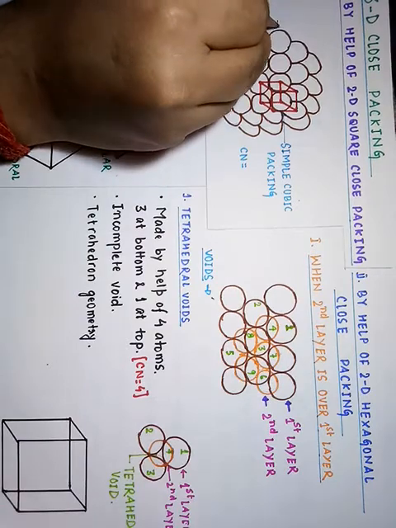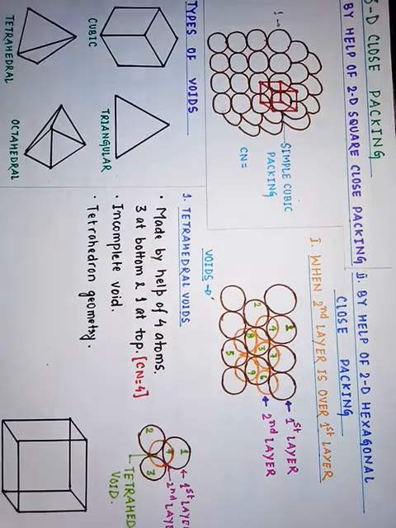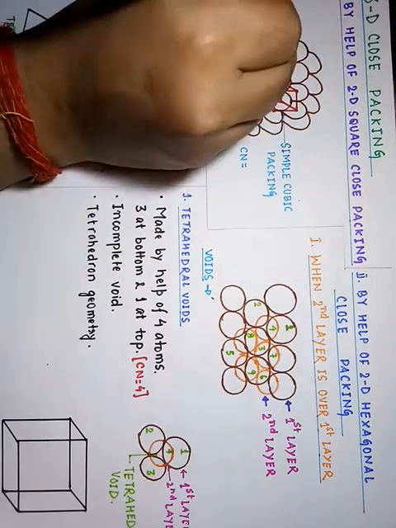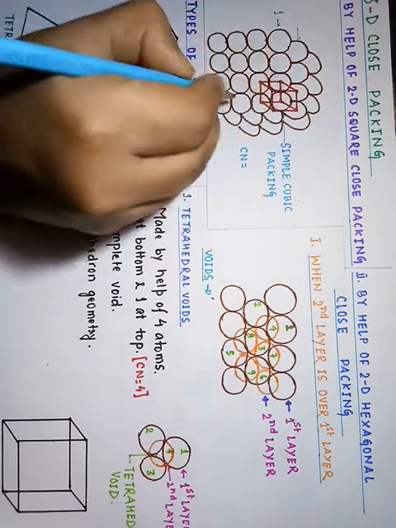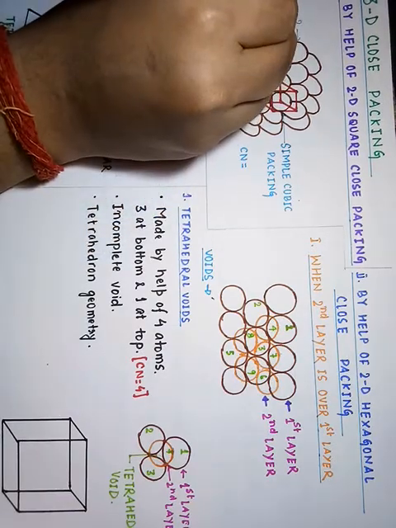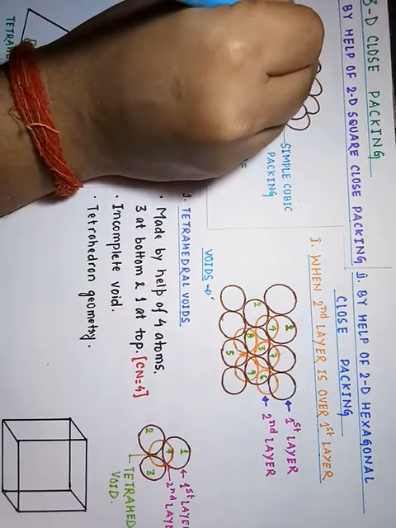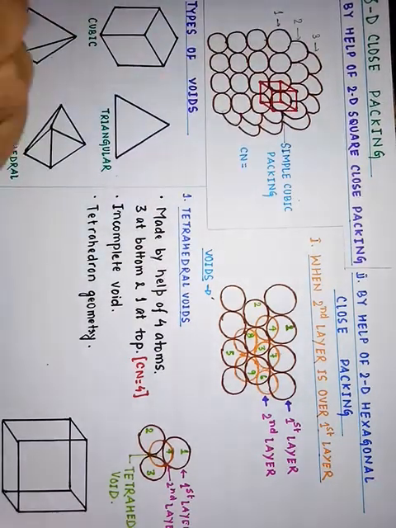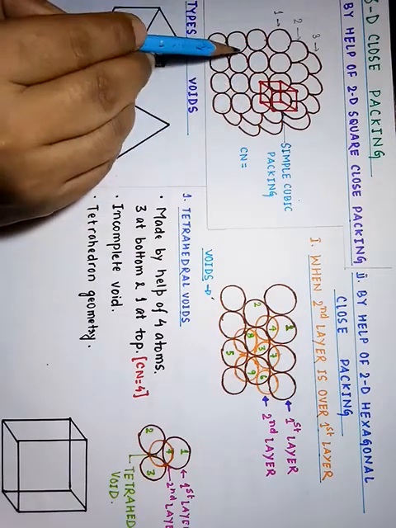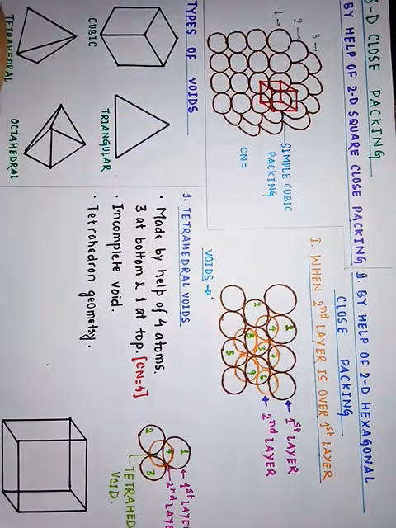So just observe, students, what is happening. If this is the first layer, then a similar pattern below it or above it, you may consider the second layer, and a similar pattern of layer below too. So a similar pattern of layers we are placing one over the other.